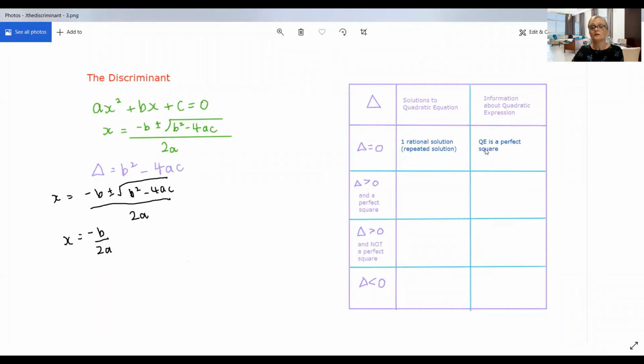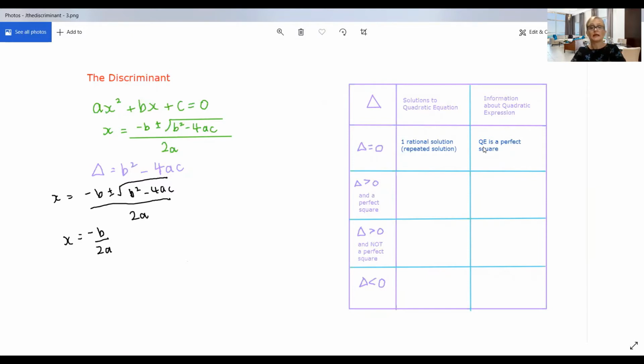So if your discriminant is 0, your quadratic expression will be a perfect square. So if you're ever not sure when you're factorising a quadratic expression whether it will factorise as a perfect square or not, you can work out b squared minus 4ac, and if that comes out to 0, you know that's a perfect square. All right, let's press on.